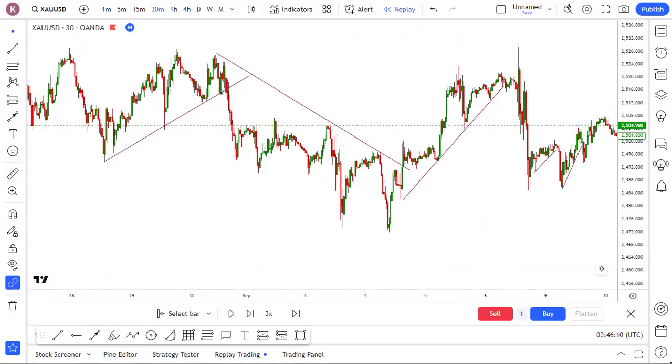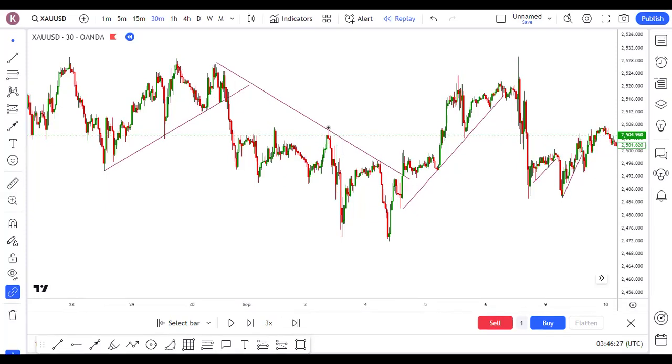But the most important thing is to understand that most of the time, more than 90%, the trend lines are not going to work. So you're not going to expect the price to respect a certain trend line. That's why it is very important to learn how to use these trend lines to your advantage.